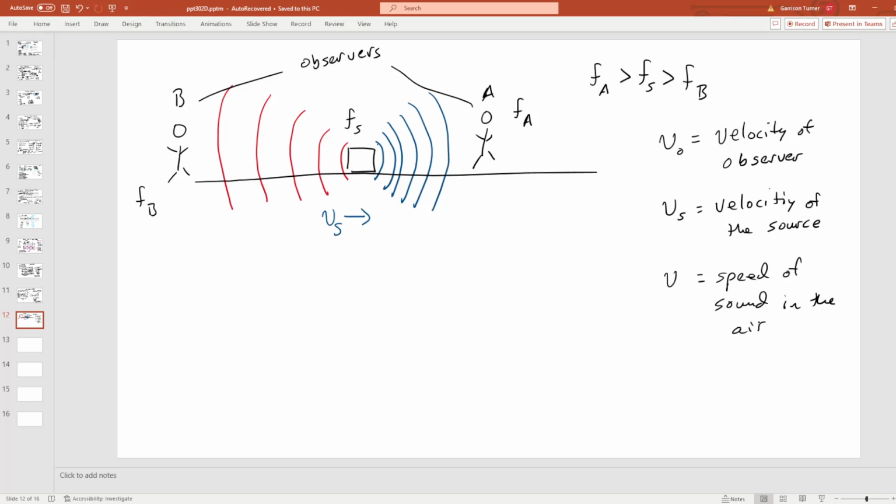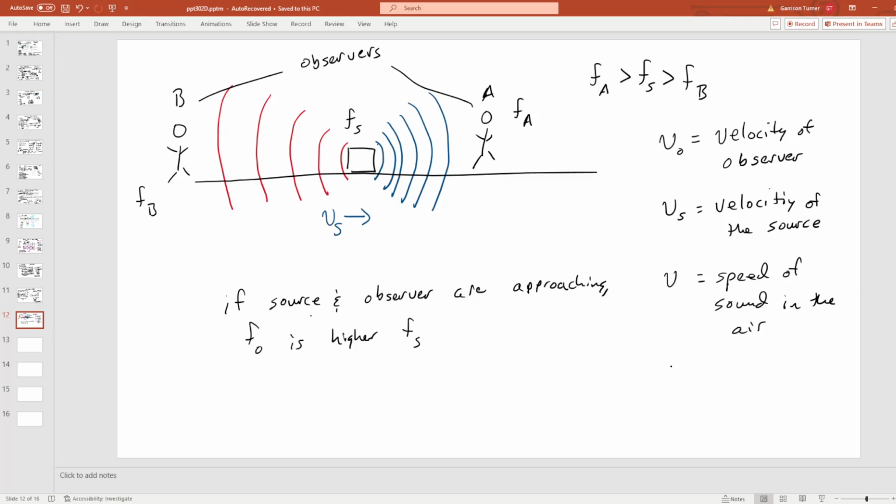If the observer is moving toward the source, or the source toward the observer, if they're approaching each other, then the frequency that the observer hears is higher than the frequency of the source, as if it were stationary.